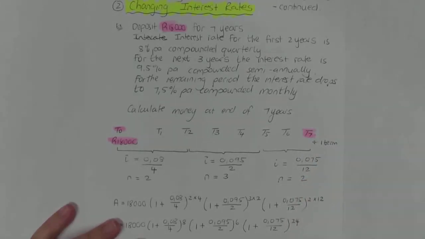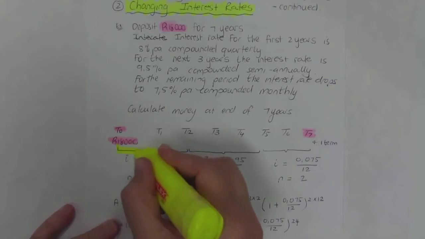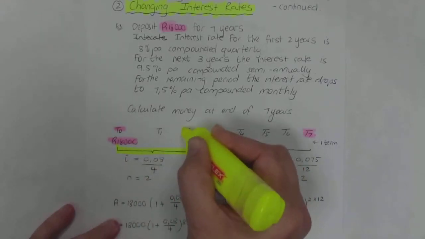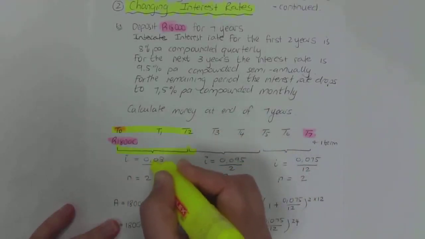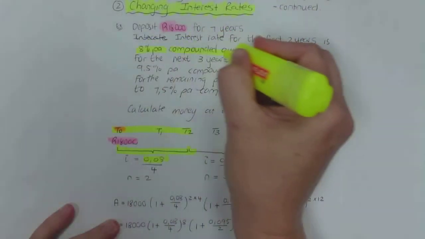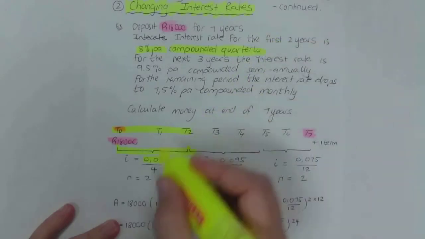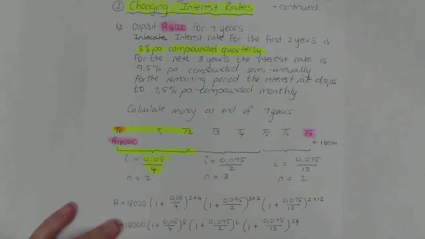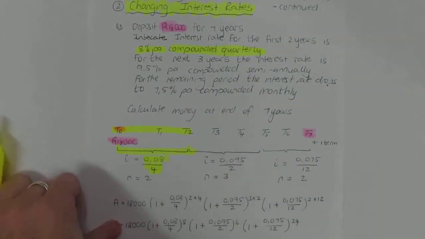The interest rate for the first 2 years is 8%, but most importantly, it is compounded quarterly, which means my 8% must be divided by 4.